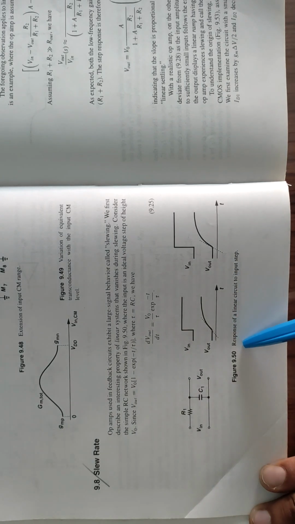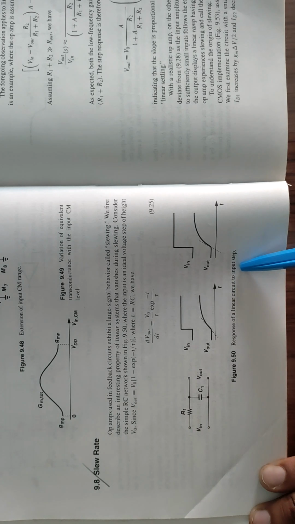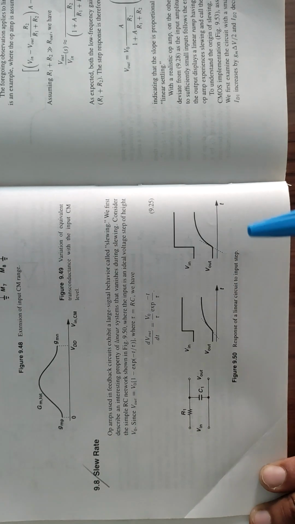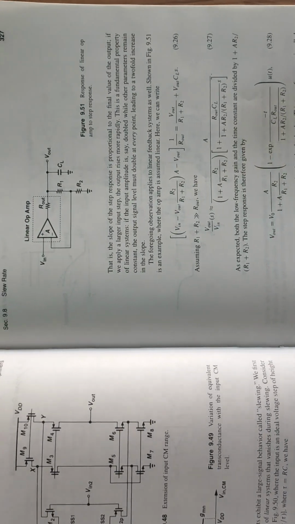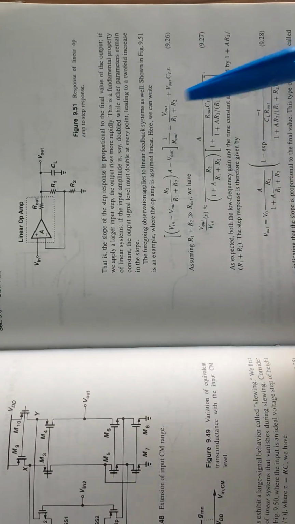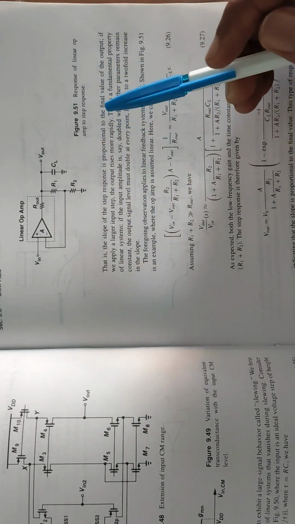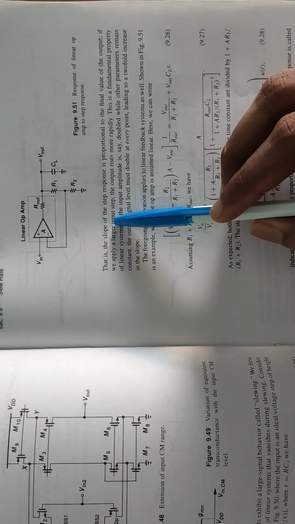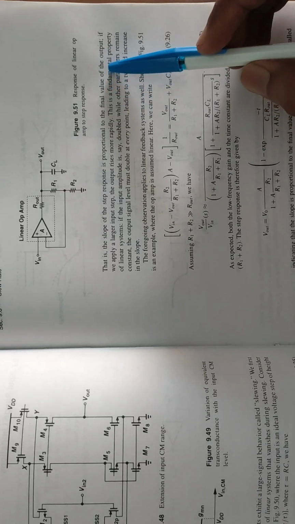Here you can see the response of a linear circuit to an input step. Figure: response of a linear circuit to a step input. That is, the slope of the step response is proportional to the final value of the output.